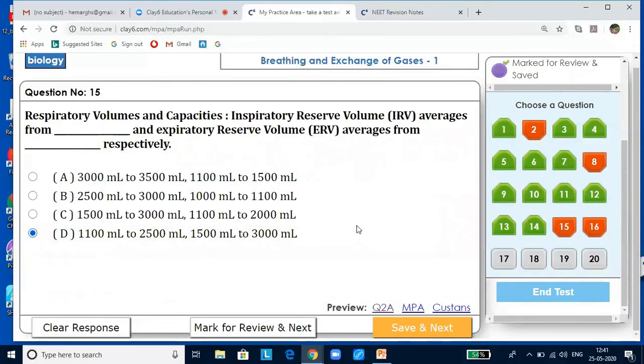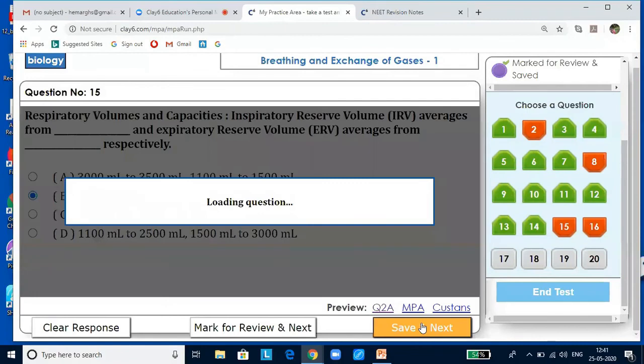IRV averages from dash and expiratory reserve volume, ERV averages from dash respectively. It is 2500 ml to 3000 ml and 1000 ml to 1100 ml. So that's why I said these values you have to memorize.